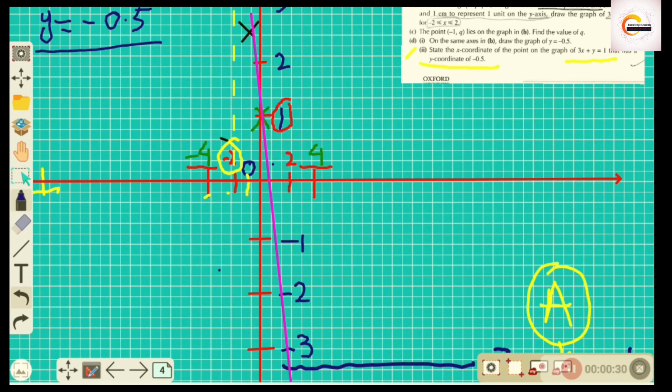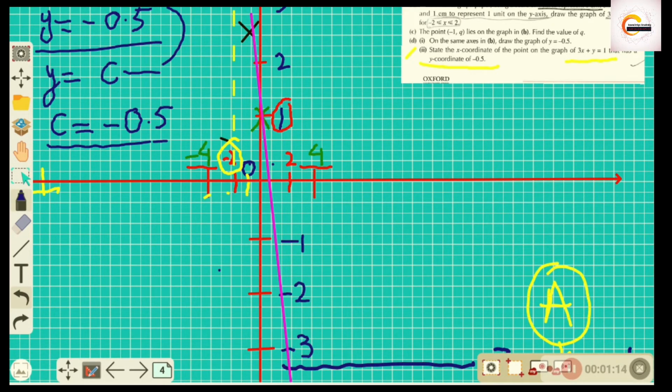As we can see, this equation is similar to the equation we have discussed before: the equation of a horizontal line, which is y is equal to c, where c is the y-intercept. That means the point at which the line cuts the y-axis. After comparing these two equations, we can say that c is equal to minus 0.5. So our required line is going to cut the y-axis at minus 0.5.